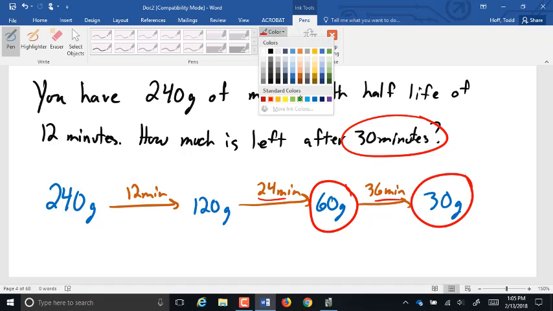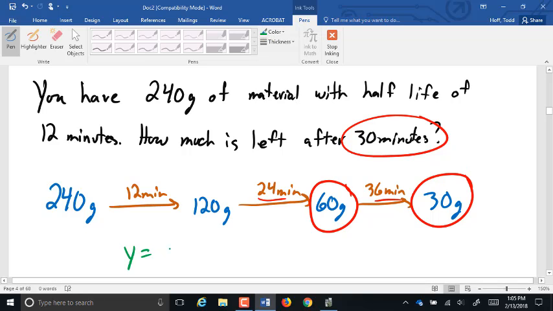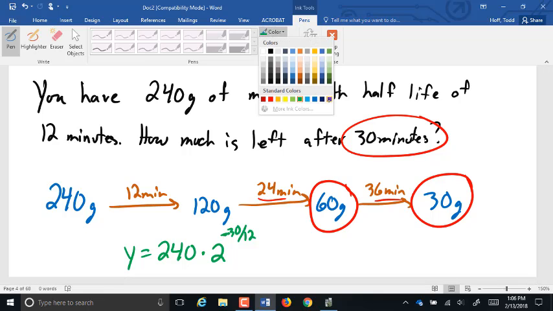So let's put this in our formula and try. Y equals, now I'm going to start the formula. You guys are going to have to finish it. 240 times 2 to the power of what? Negative 30 over 12. Very good. Why do we have to use the negative 30? Because I used the 2 instead of the 1/2.